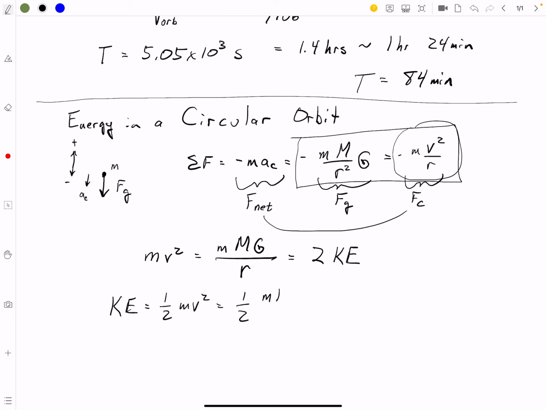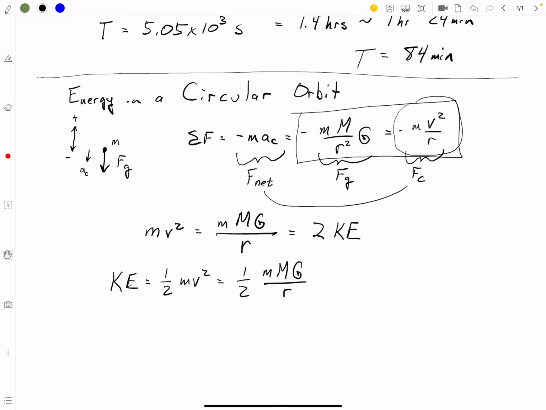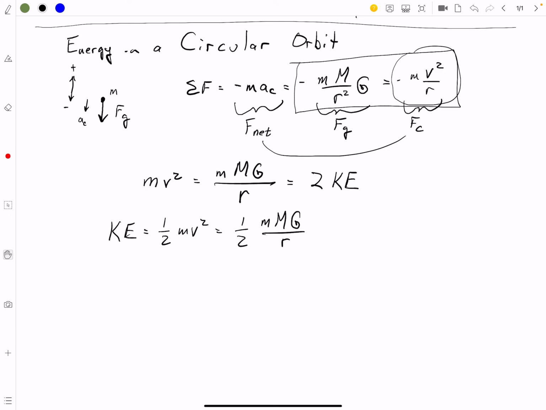mMg over 2r. Okay. And of course, we know that our total energy, and I'm going to just say total as an energy because we're dropping friction, pretty much not even thinking about friction anymore in these orbits.